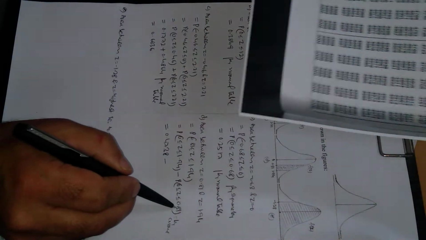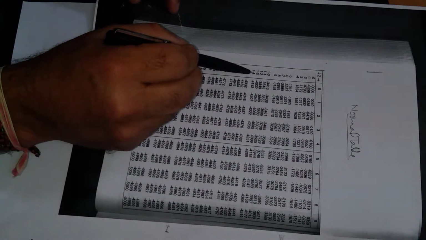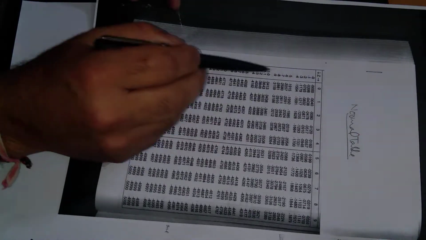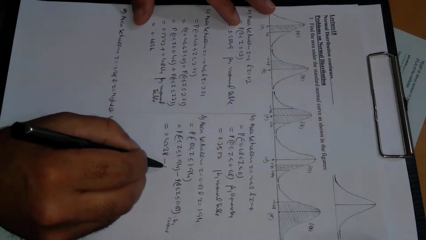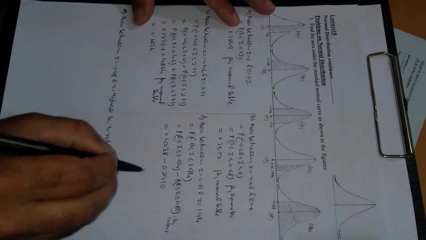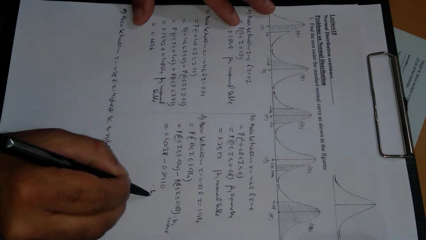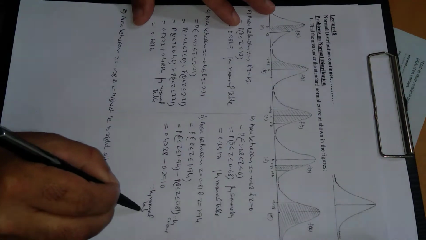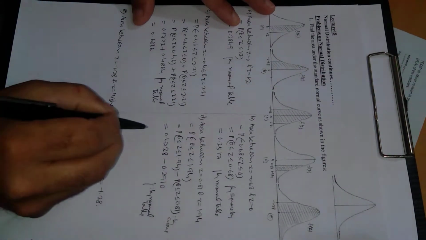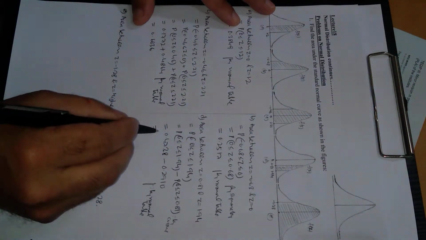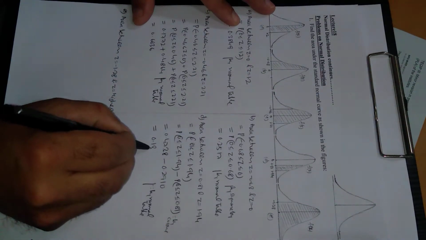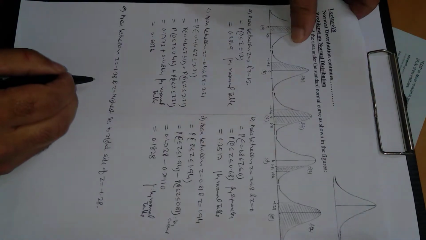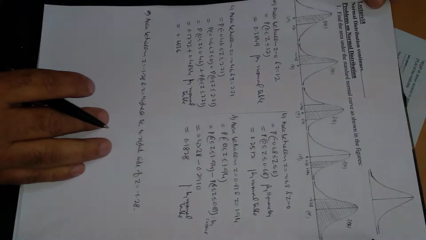Go through 0.8 and below the column 1. 0.8 is here and below the column 1 is 2910. So this is 0.2910 by normal table, and which on simplification will come out to be 0.1828.